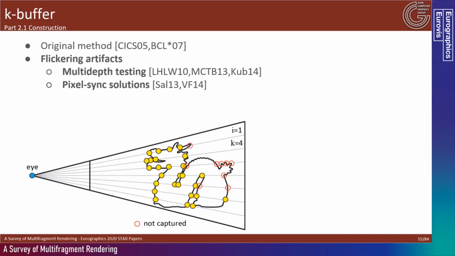To eliminate any race conditions that happen when fragments belong to the same pixel, two major categories of methods have been proposed. The first is multi-depth testing approaches that guarantee correct depth order results by capturing and sorting fragments on the fly using atomic operations. And the second category are pixel synchronization solutions that utilize either hardware or software spin lock mechanisms to ensure atomicity.